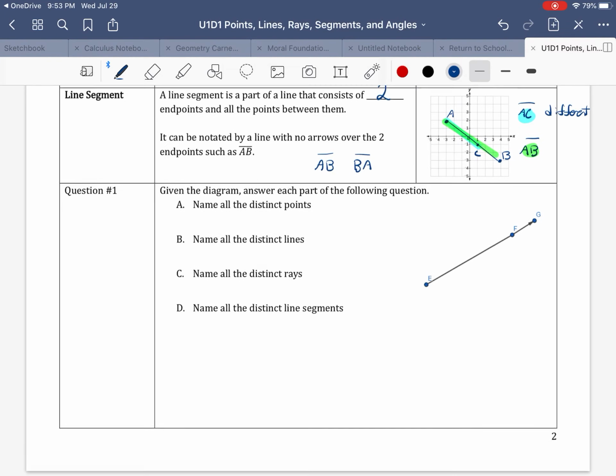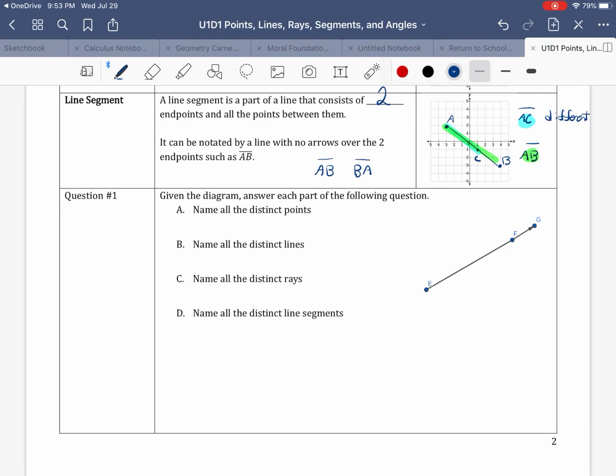All right. So the first question here I want to go over together, and then there's another question that I want you to spend some time trying to figure out on your own. So, given the diagram, answer each part of the following questions. Here it asks us to identify each of the distinct points.